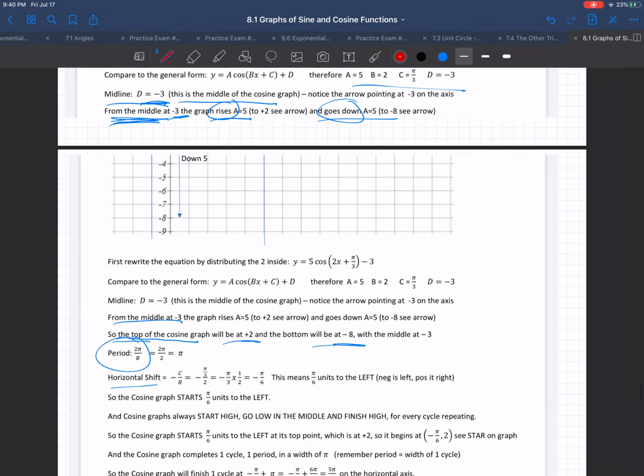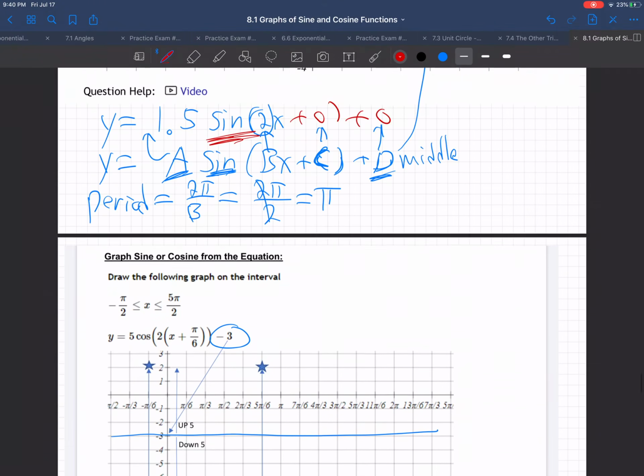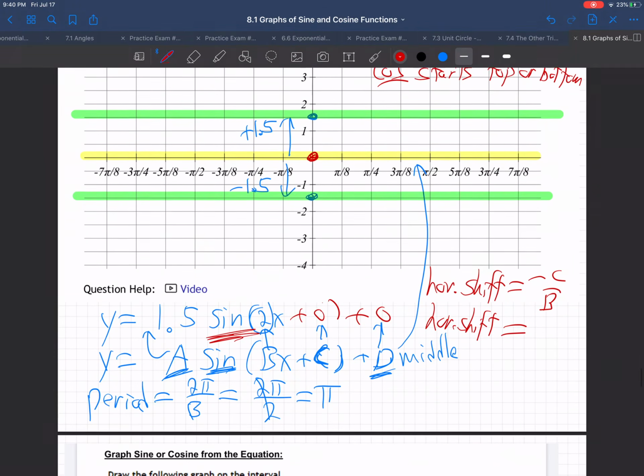Next it gets into horizontal shift, which is negative c over b. What's our c? Our c is 0.